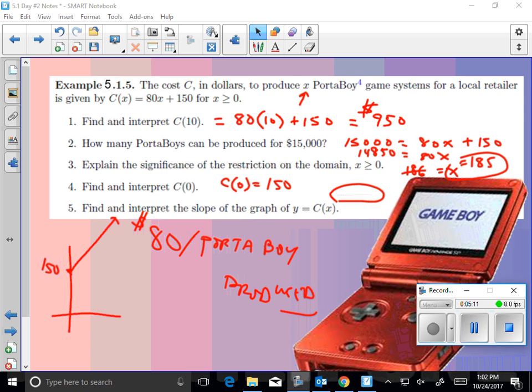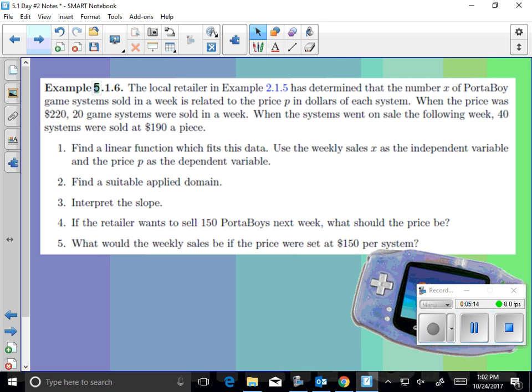Now, things aren't always linear like this. Example here. Let's say that this local retailer determined that the number X of Portaboy game systems sold in a week is related to the price, meaning the more that's sold, the less they'll sell them for. Then it's no longer linear; it's quadratic in nature.